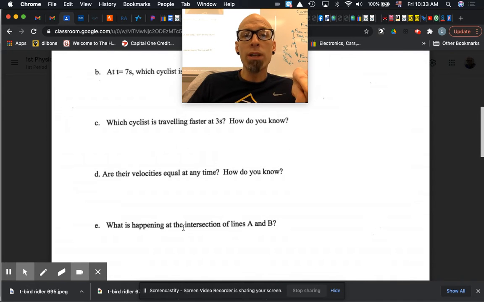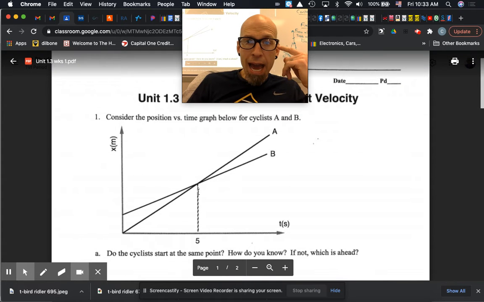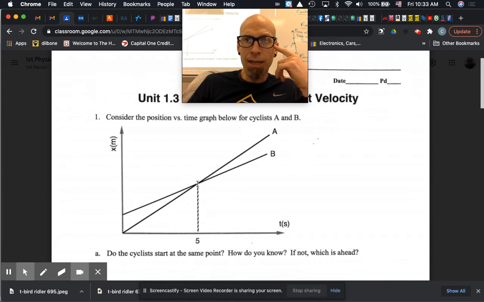And lastly, what is happening at the intersection of lines A and B? Okay, at the intersection at 5 seconds, what is happening then? Because a lot of people, I'm sure, answered D, that they had the same velocity at that point, at 5 seconds. But do they have the same velocity at that point? No. What is the same, though?